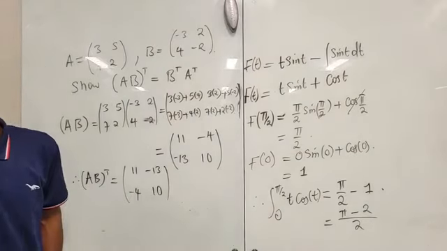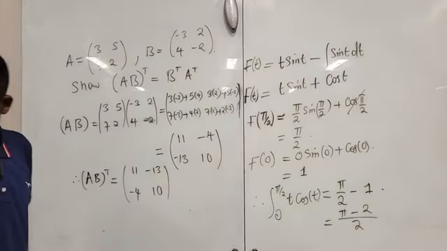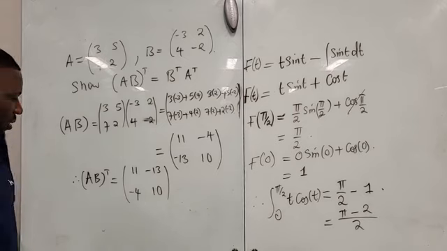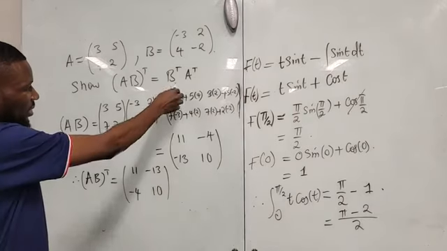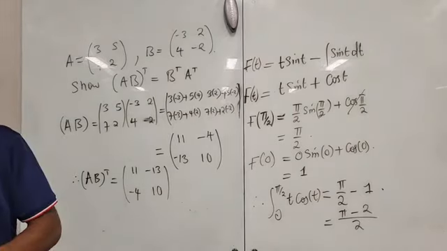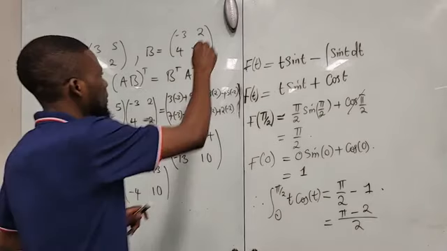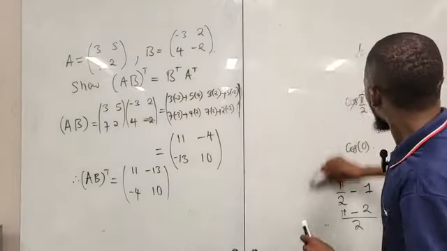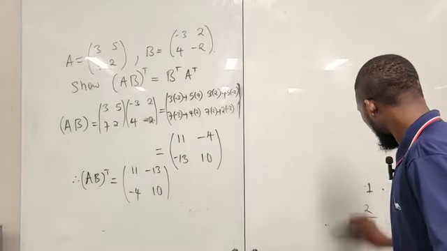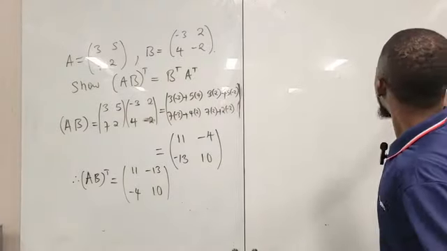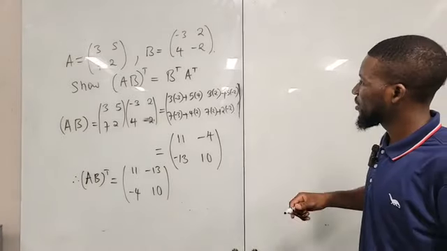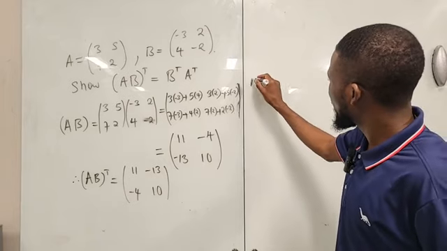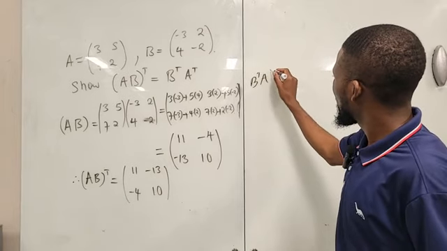Okay, so that is what we have, and the next thing is to show that the right hand side gives us the same thing. All right, so I erase this. So what is B transpose?